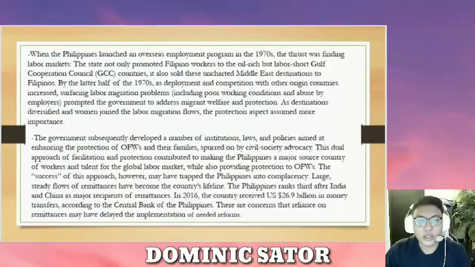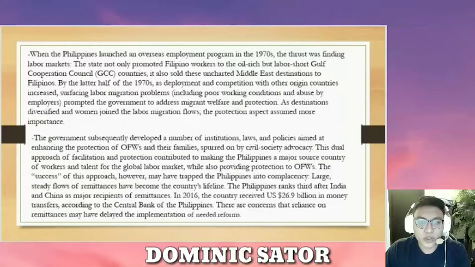When the Philippines launched the Overseas Employment Program in the 1970s, the thrust was finding labor markets, and the state not only promoted Filipino workers to the oil-rich but labor-short Gulf Cooperation Council, or GCC countries. It also saw this uncharted Middle East destination of Filipinos by the latter half of the 1970s.